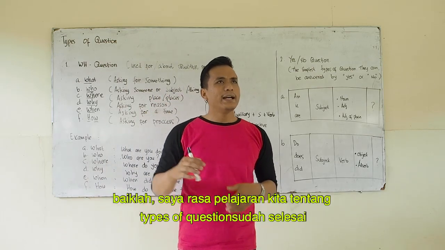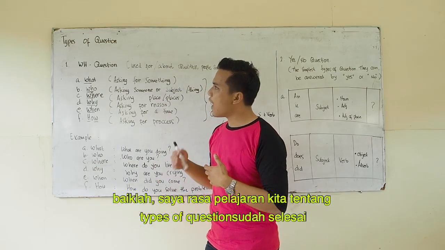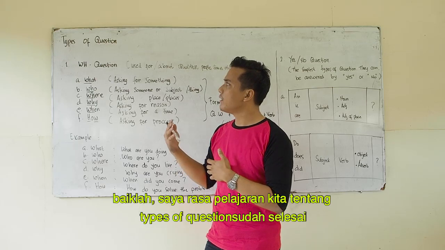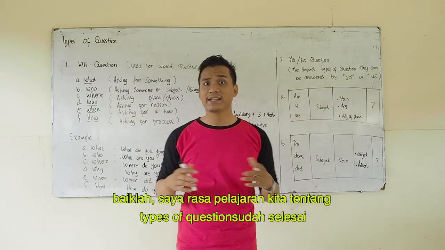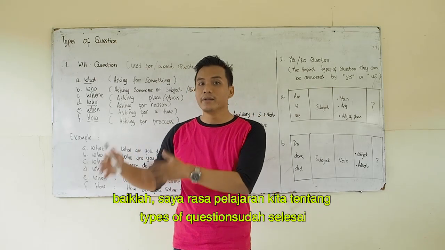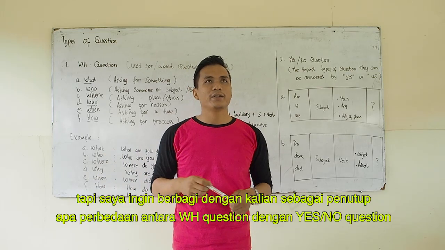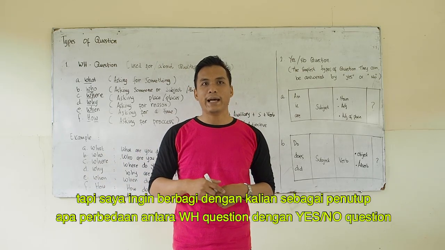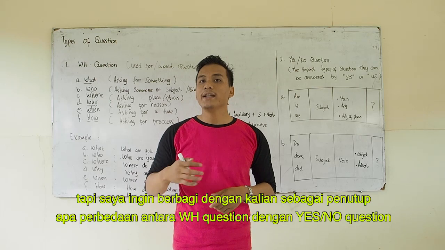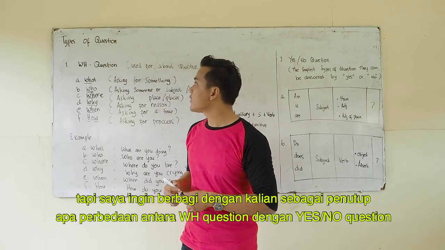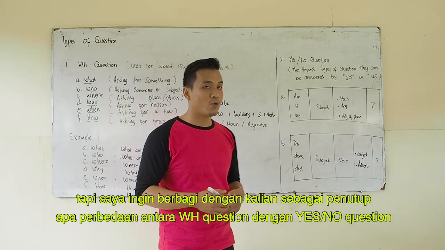Well, I think our lesson about types of question has been done, but I would like to share with you, as the last point, the difference between WH questions and yes or no questions.